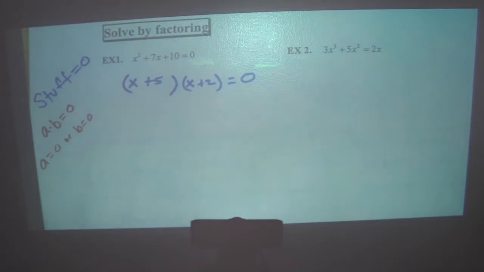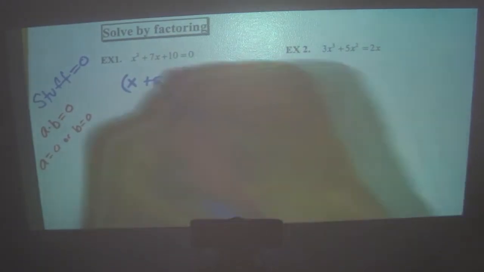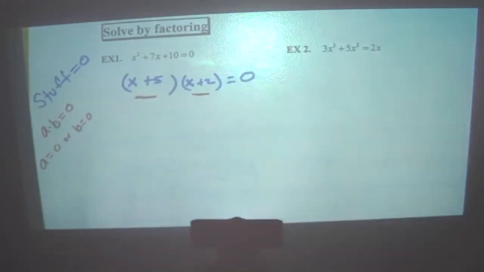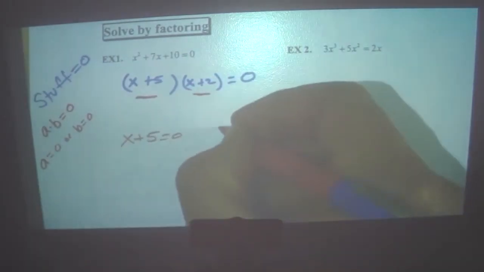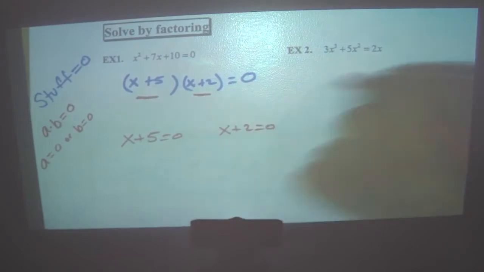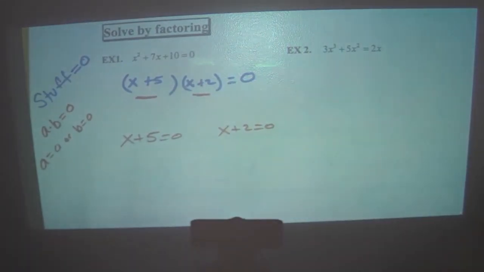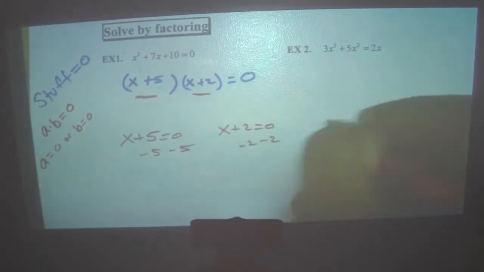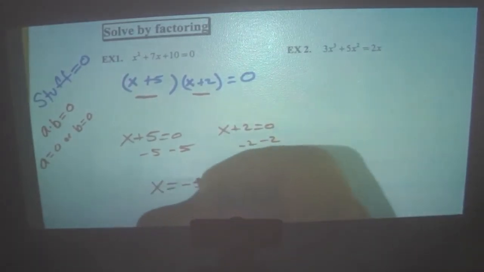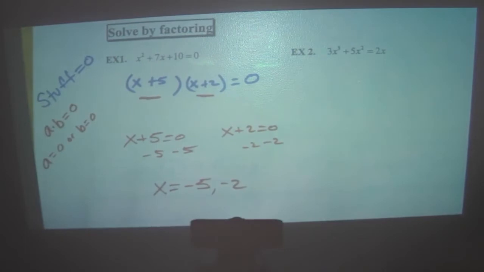Because 0 times anything is 0. So that's where I set each one of these guys equal to 0. I set x plus 5 equal to 0 or x plus 2 equal to 0. And I subtract. And I get two solutions, -5 and -2.